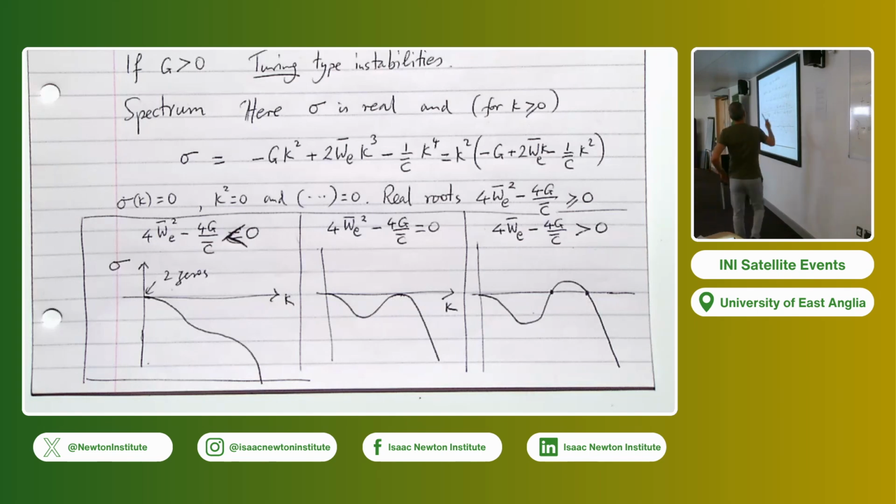If I have an exactly critical value of the electric field, then this hump there starts moving upwards, and in fact it gives another neutral stability point at a finite wave number. So 2 zeros there, another 2 zeros there, fourth order dispersion relation, right? But then if I'm above that critical value, then I get a finite band of unstable waves.